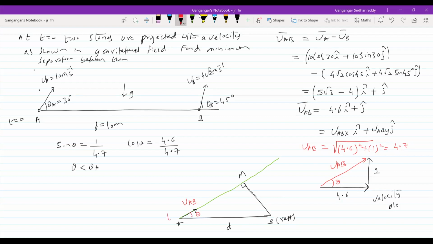At t equals 0 it is here, and at time t it is here. Let's calculate this minimum distance first, S minimum. From the triangle, sine theta is equal to S minimum by D.